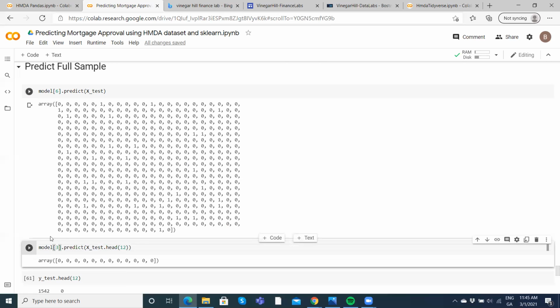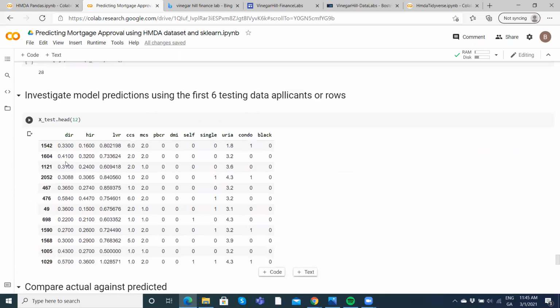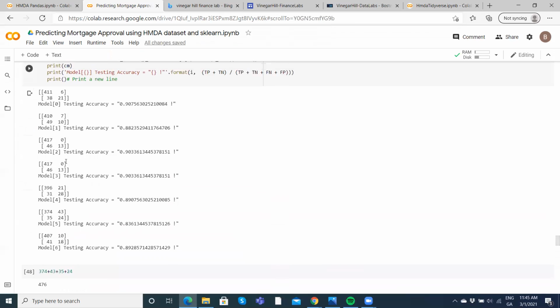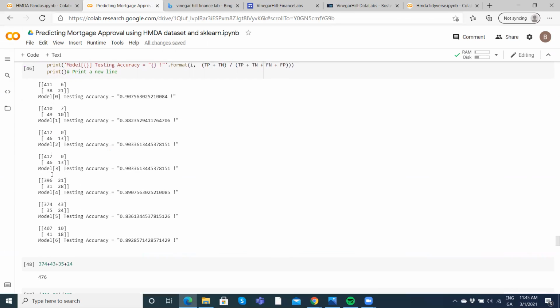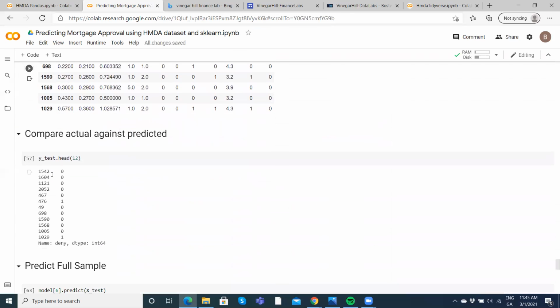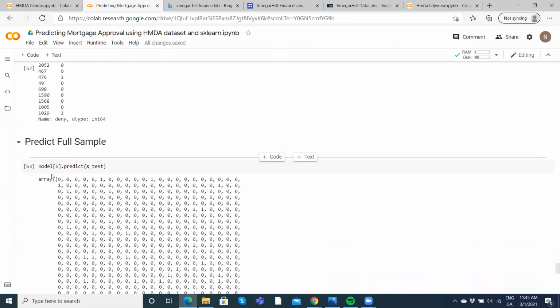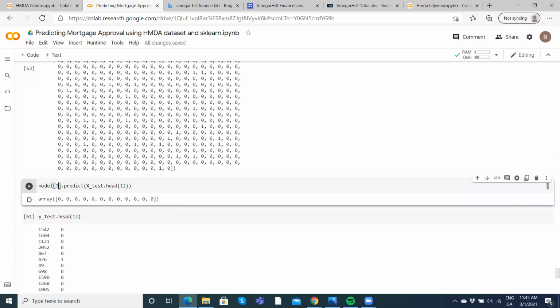Run this, and remember each of the models here, logistic 0 to 6, are these 6 models we're going to use here. And if we use, so we're on model 3, what about model 4? Okay, model 4 picks up applicant 6 as predicted denied and actually was denied.